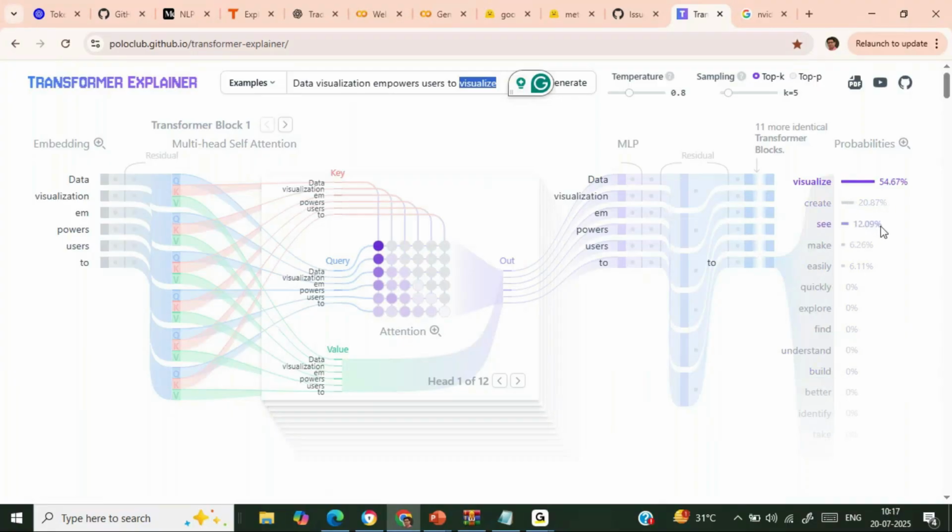These are the other predictions as well, but the probability is less over here, and whatever is having the higher probability, that is picked as an answer.